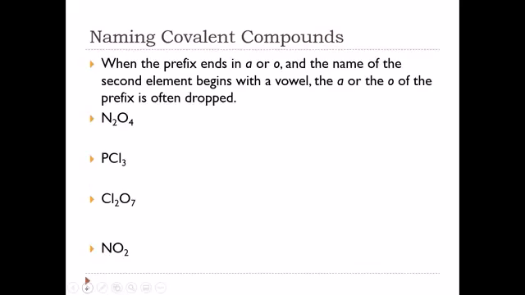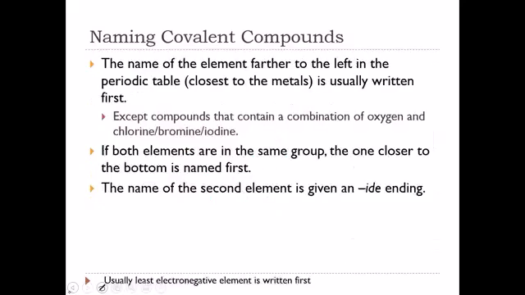And another rule I was hinting at: when the prefix ends in a or o and the name of the second element begins with a vowel, the a or o of the prefix is often dropped. So let's go back.